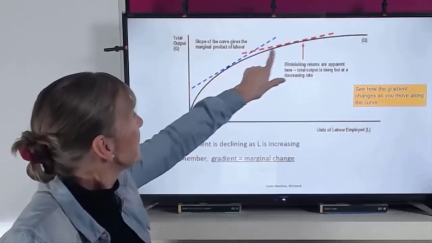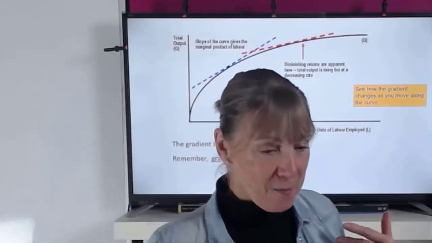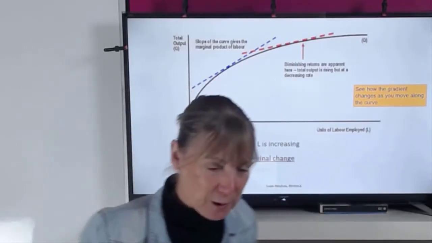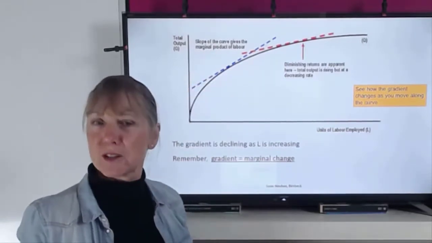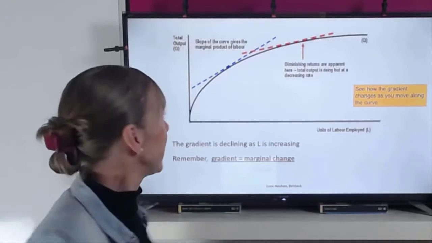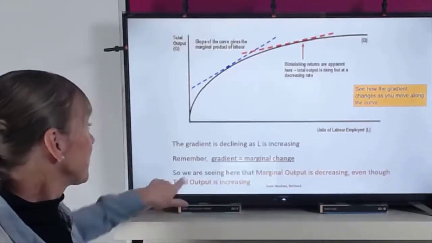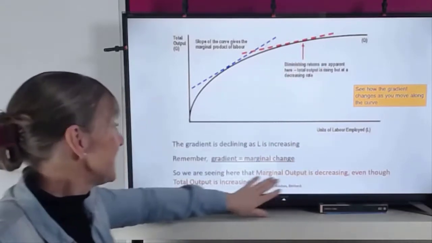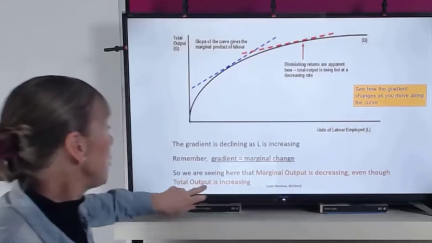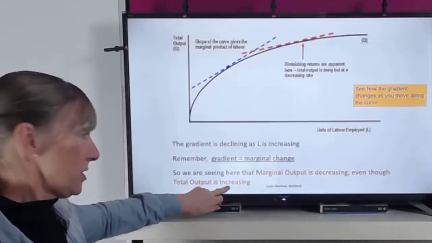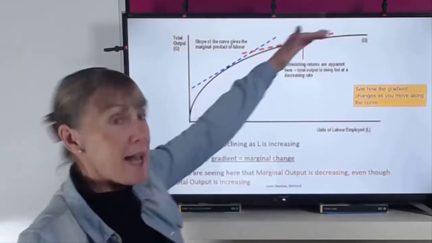So these gradients actually represent the marginal product of labour, because that has its own special name, marginal change, when we come to production. So we have either marginal product of labour or marginal product of capital, depending on which one we're looking at. But as gradient equals marginal change, then what we're really seeing here is that marginal output is decreasing, even though total output is increasing. Yeah? We're doing it more, but enjoying it less.